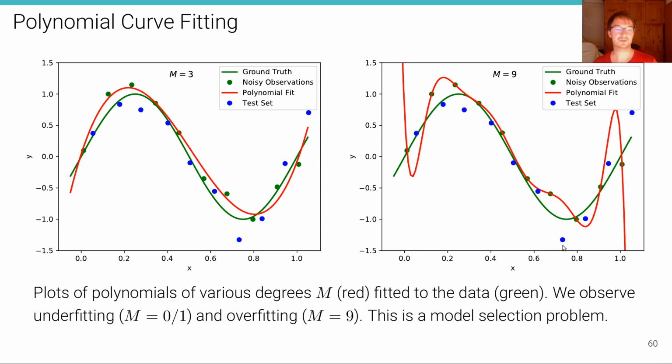Now, choosing the correct degree m is a model selection problem. This is called a model selection problem because we have different models, one model for each degree of freedom that we can fit to the data set, but not all of them are equally good. And what we really want in machine learning is a model that is good not only on the training set, but also on the test set, because this is where we want to do predictions in the future.